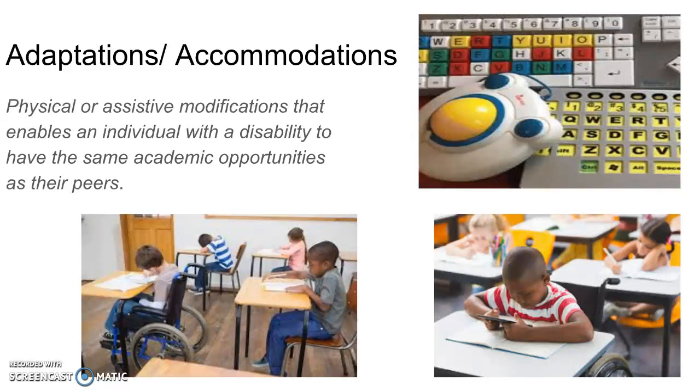Adaptive accommodations will ultimately change how a student performs in school. Some of the adjustments that may be incorporated are allowing for extended time to complete assignments, adjusting the amount of work, or allowing for assistive technology, such as the use of computers to help with writing.